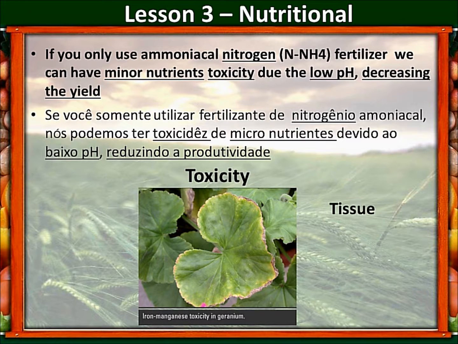Certo? O que é tissue? Leaf tissue é tecido foliar. Então, toda vez que eu falei tissue é tecido. So, on the younger tissue, significa no tecido foliar mais jovem.